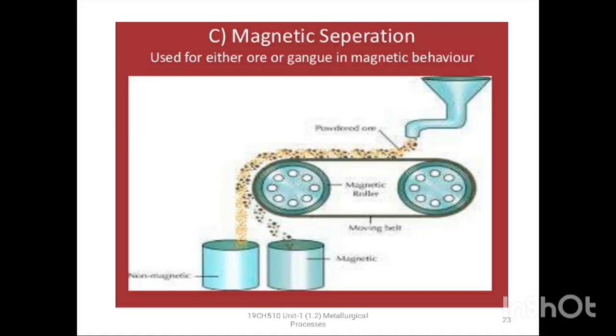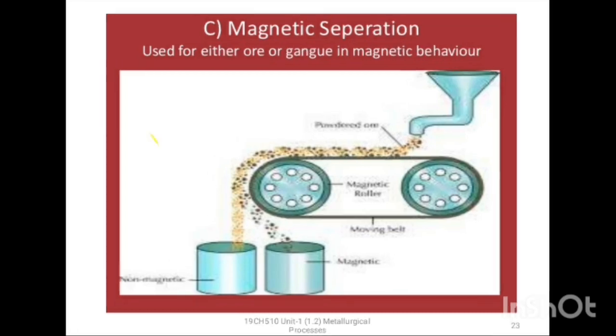We are going to see magnetic separation processes, which are used when either the ore or the gangue has a magnetic behavior. Either the gangue particle or the ore particle, any one should contain magnetic behavior.